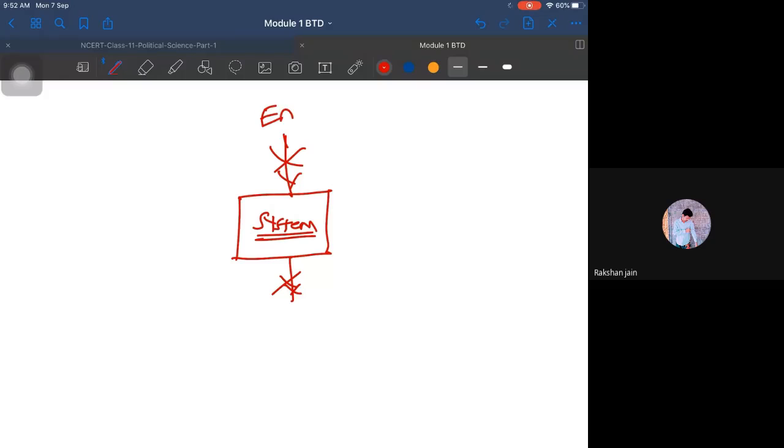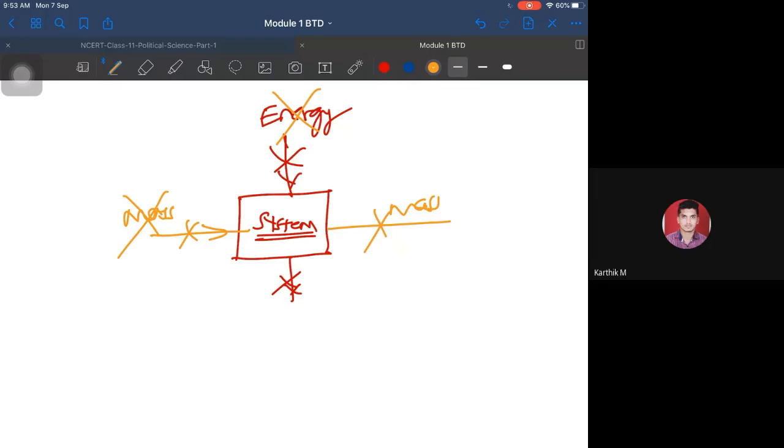There is no energy transfer in and out of the system, and the mass can neither enter the system nor come out of the system. So definitely there is no energy or mass transfer into the system. With this description, which system is it? Isolated, correct? So as of now, it is an isolated system.